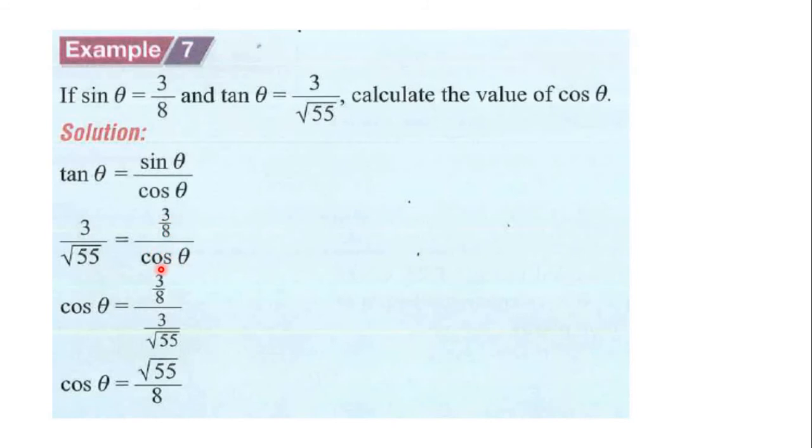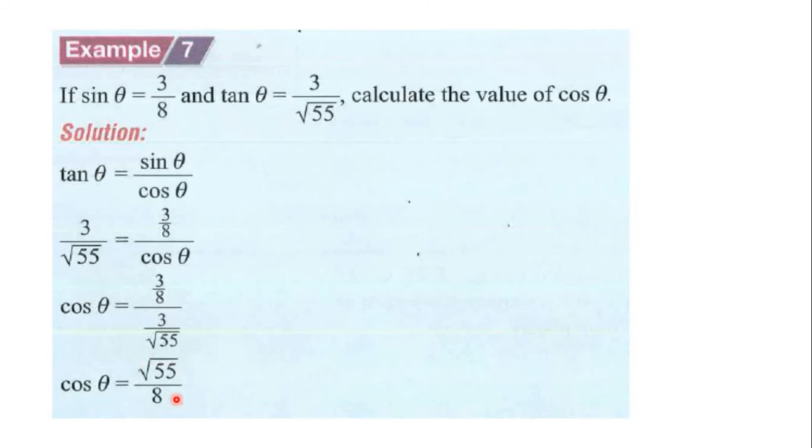Then you cross multiply, you get cos theta equals 3 over 8 over 3 over square root 55. Then you will get square root 55 over 8.